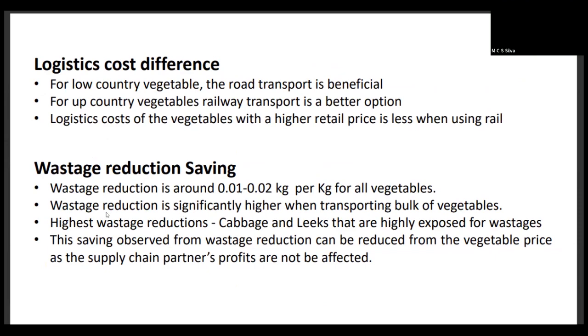And wastage reduction is significantly higher when transporting bulk of vegetables. Highest wastage reduction occurs when transporting cabbages and leeks. And also the saving observed from wastage reduction can be reduced from the vegetable price so that the supply chain partners' profits are not affected.